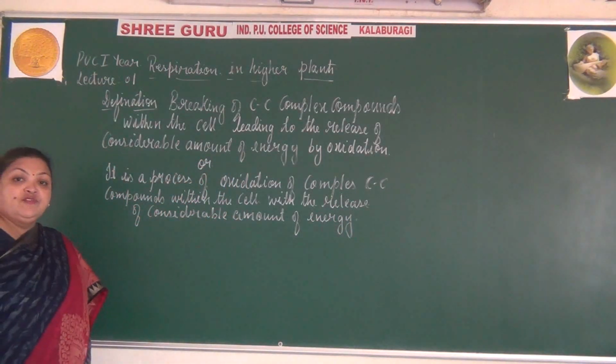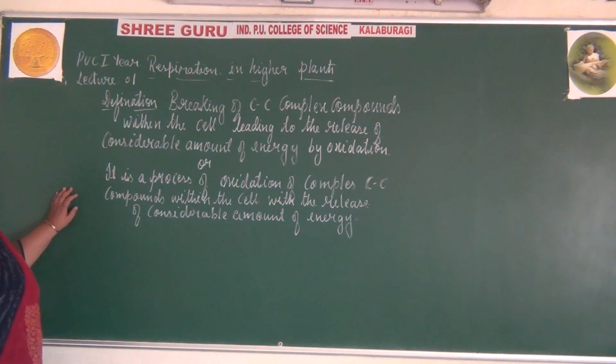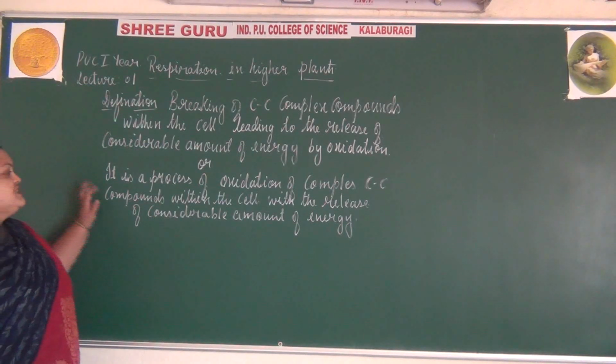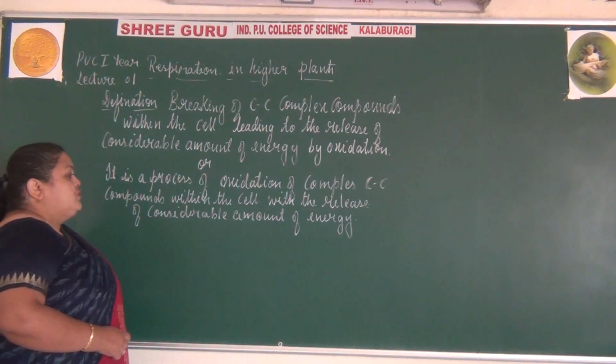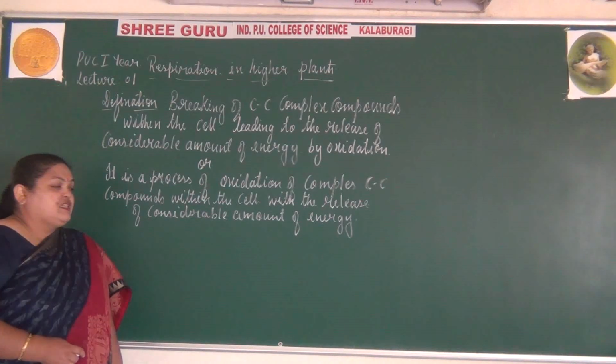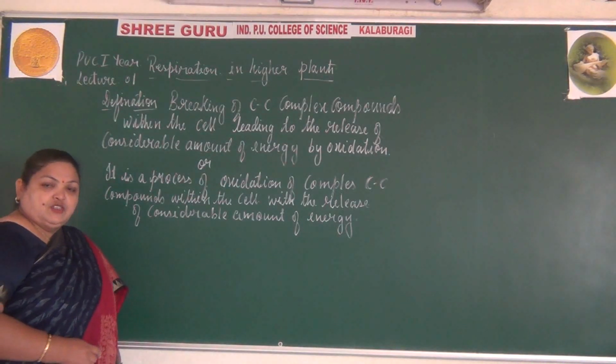We can go with any of these definitions, where the meaning changes only slightly. In simple terms, it is the breakdown of complex carbon compounds within the cell, leading to the release of a considerable amount of energy by the process of oxidation, or the oxidation of complex carbon compounds within the cell with the release of a considerable amount of energy.